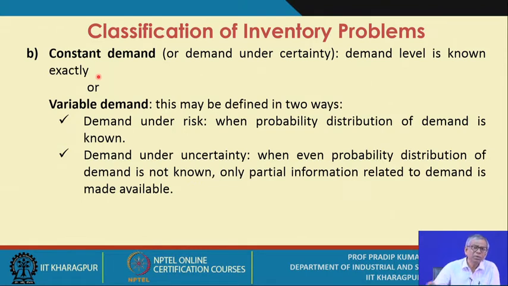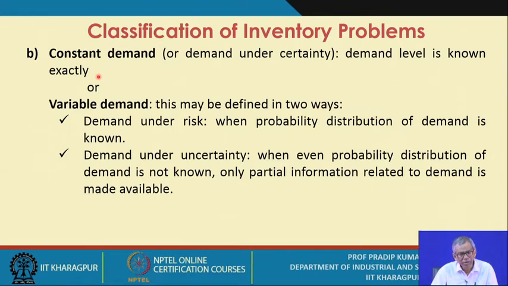We say that okay, my next week's demand for this item is 10 units, then exactly 10 units. Such cases do happen, even if rarely, but sometimes there are cases when the demand is known with certainty. We'll refer to these cases later on, and you will come to know that it's not that rare.